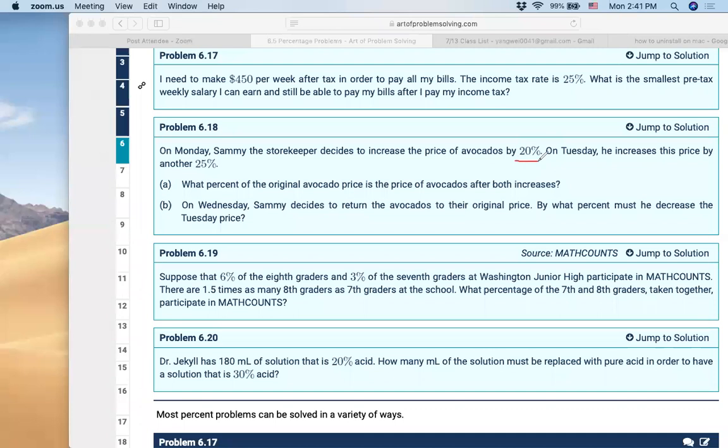On Tuesday, he increased the price by another 25%. Then they ask you, A: what percent of the original avocado price is the price of avocado after both increases? Everybody do this, then send me your answer.